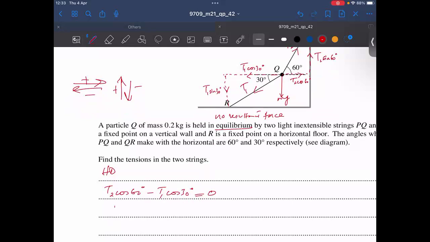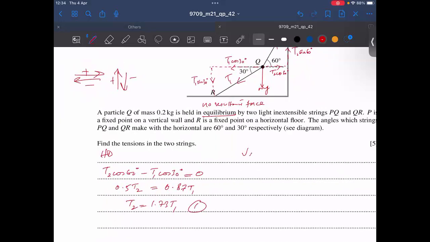So T2 cos 60, and cos 60 is half, so it's 0.5 T2, equals T1 times cos 30, which is 0.87. If I divide by 0.5, it's 1.73. So T2 is going to be 1.73 T1. That's one equation.